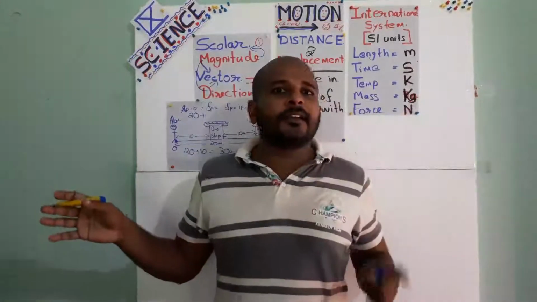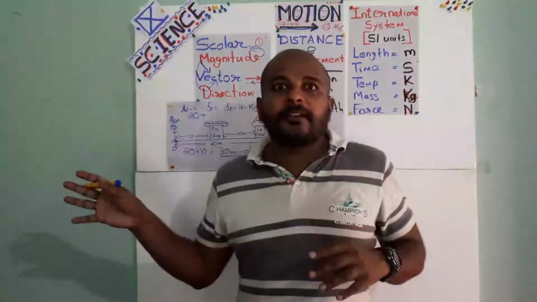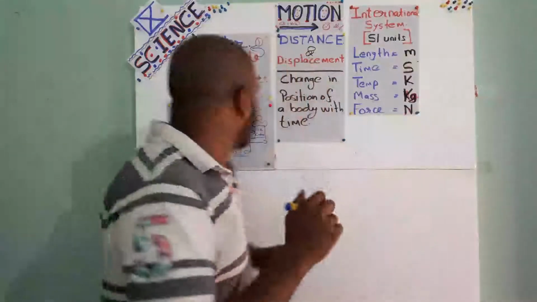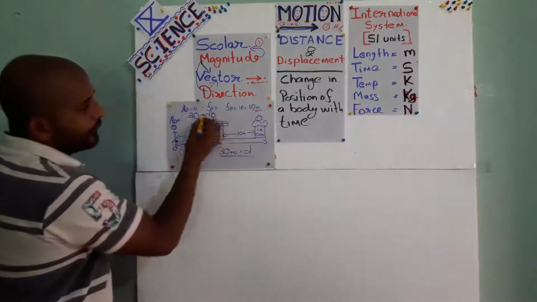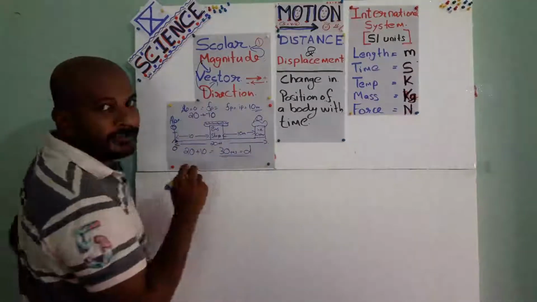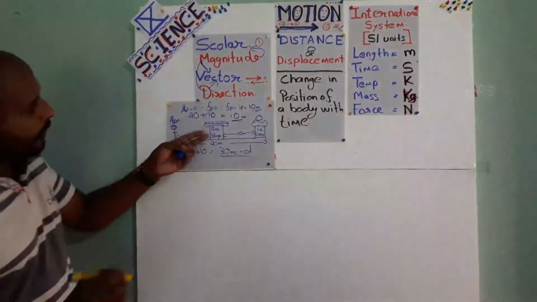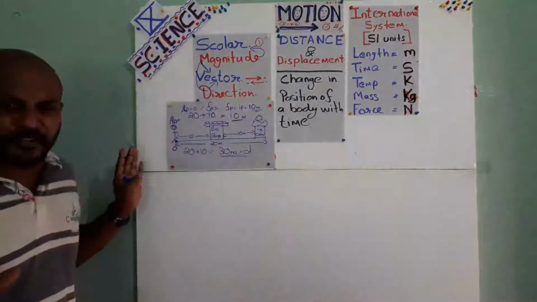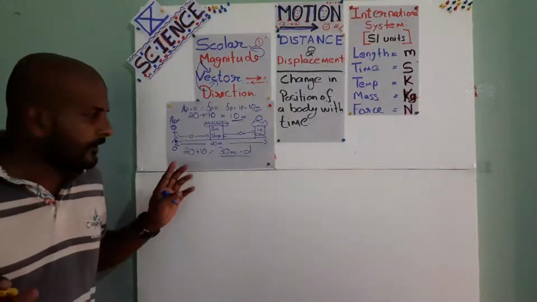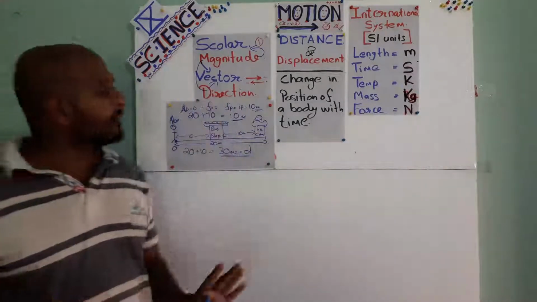Regarding vector quantities, whenever you are doing calculation, if it is in the opposite direction, you must put a minus sign. So 10 is minus. Plus into minus will give minus. 20 minus 10 will give 10 meter. Am I right or not? Both equations are the same. It's a very simple thing. Am I right or not? This equation is also fine. Final position minus initial position is the displacement.